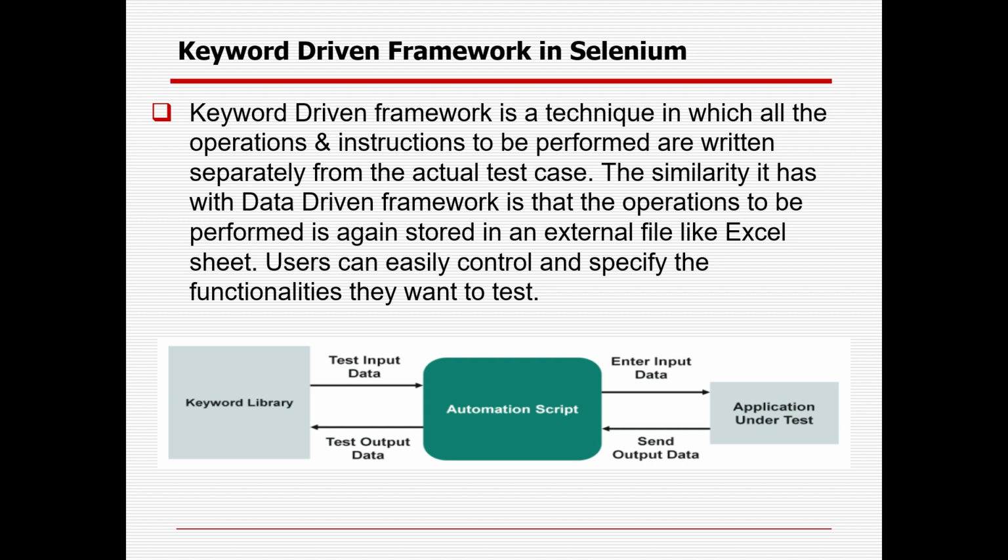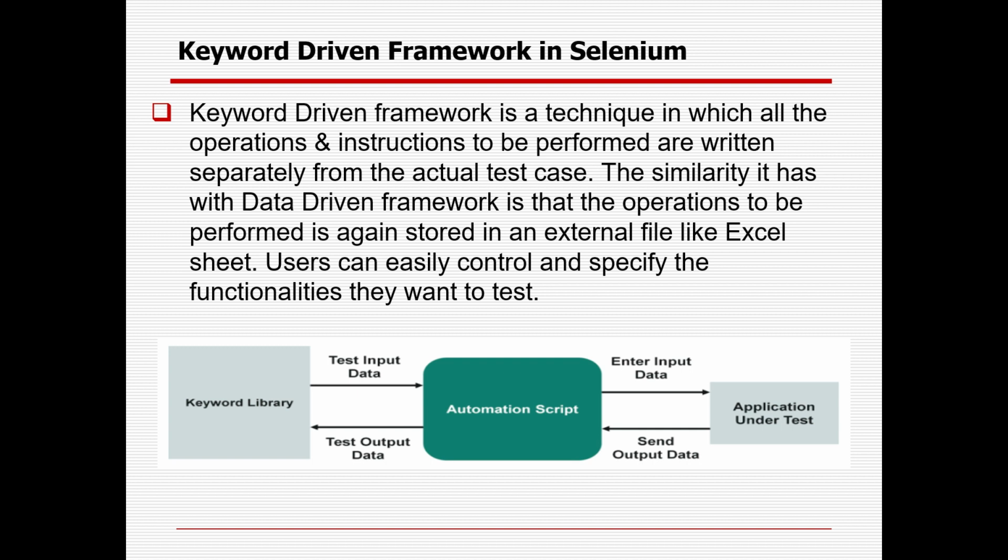So what is keyword? Keyword means the kind of key word through which you want to interact, meaning the interactions or the method you can say. A keyword driven framework is a technique in which all the operations and the instructions to be performed are written separately from the actual test case.